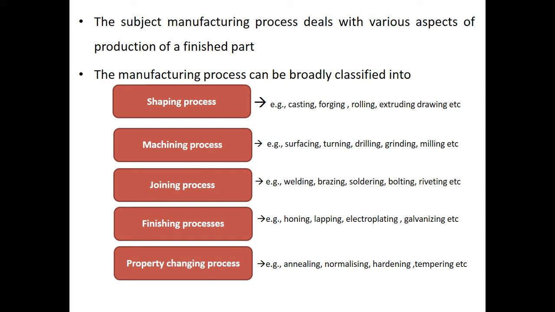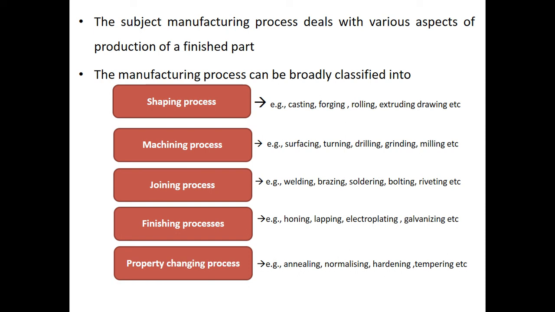The machining process. Sometimes the shaping process will give you a part which is not suitably finished for commercial use. When you make a component, it should be capable of serving the purpose of the application, isn't it?